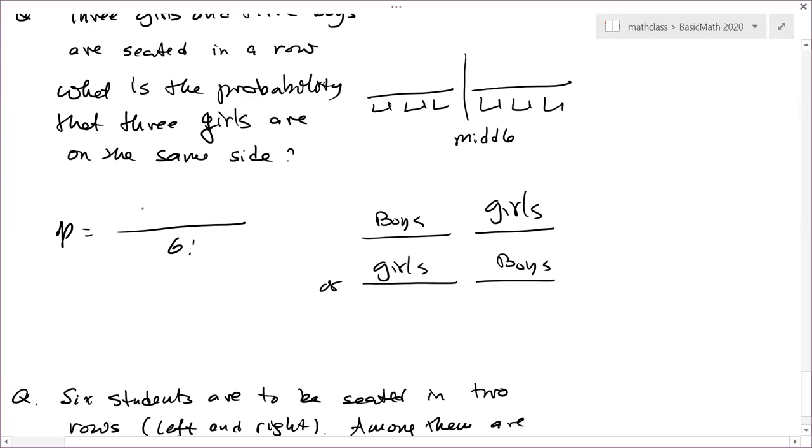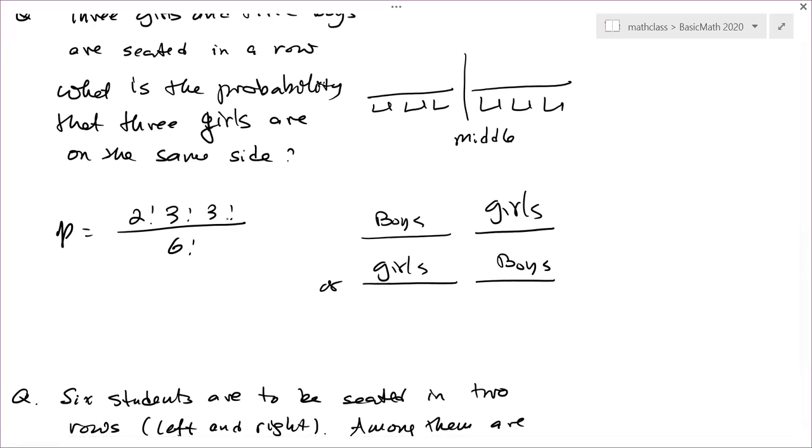There are 2 sides here, so it's 2 factorial many possibilities. Then once you fix, if the boys are on the left and the girls on the right, then you work on the boys. There are 3 boys, so you have 3 seats for the boys, so 3 factorial many choices. Then third step, you choose the seats for the girls. There are 3 girls, so 3 factorial many choices.